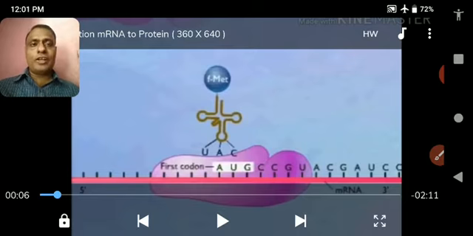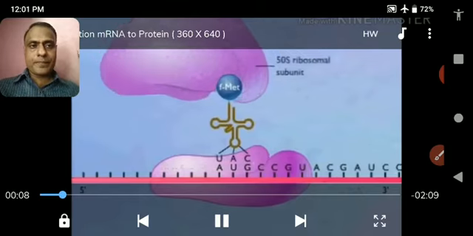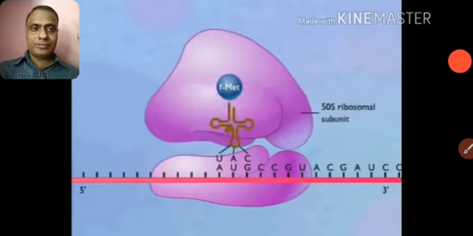So first of all, the first tRNA which codes for the first codon, AUG, is where they will start the protein synthesis. Now see how. The 50S ribosomal subunit then joins the complex.